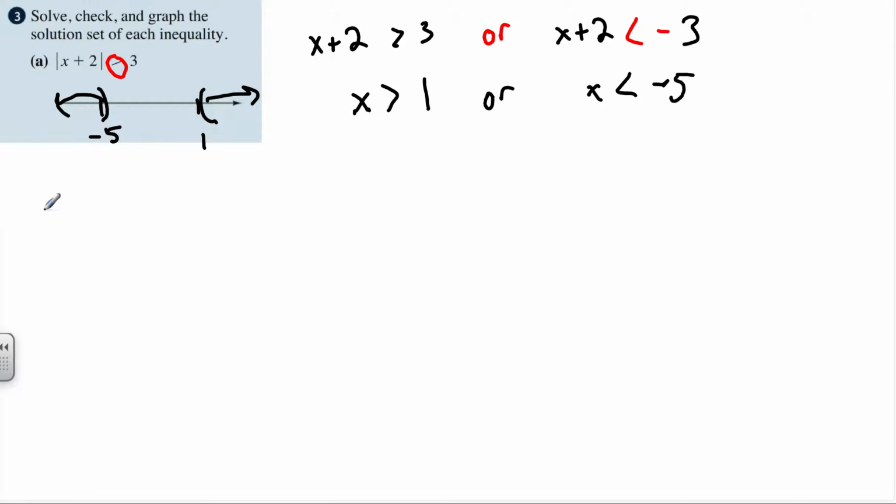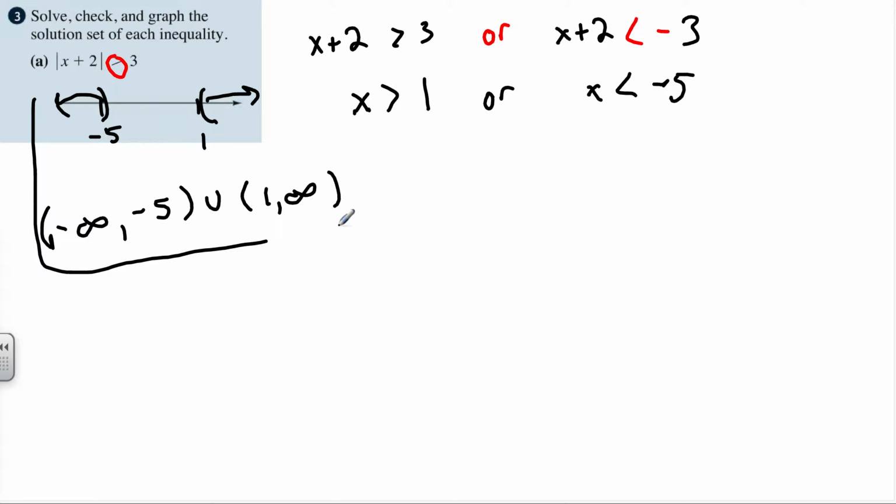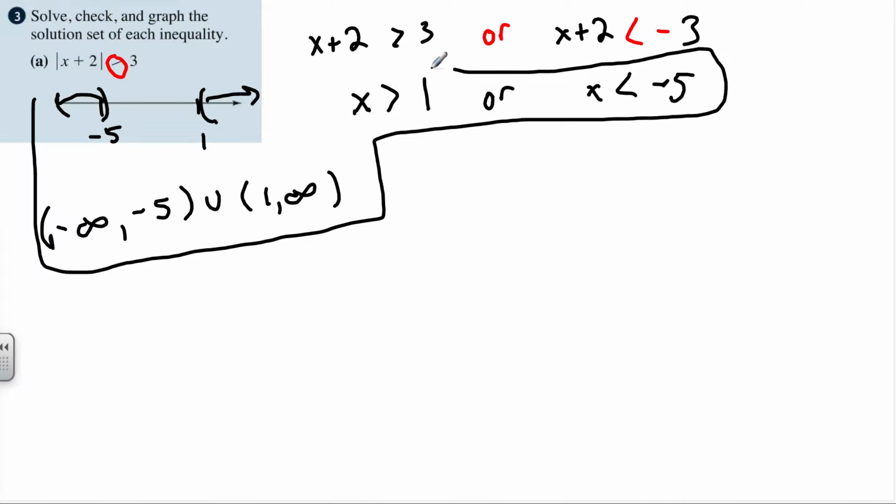And in interval notation, it's going to be negative infinity up to negative 5 union 1 to infinity. So these are the main parts that we're looking for.